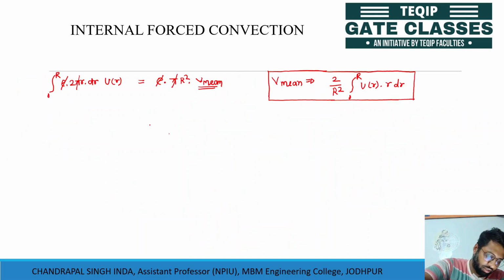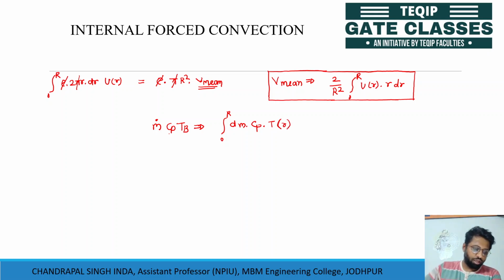Now that m dot cp Tb is going to be equal to the integral from 0 to r of dm cp T as a function of r. Here the value of the mass flow rate is equal to rho into pi r square into v mean.